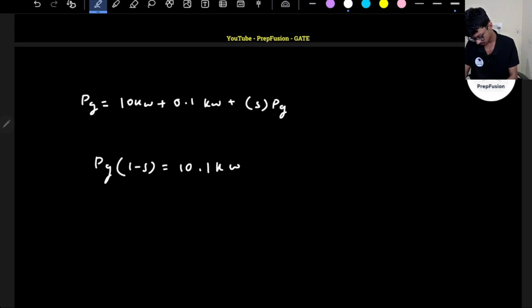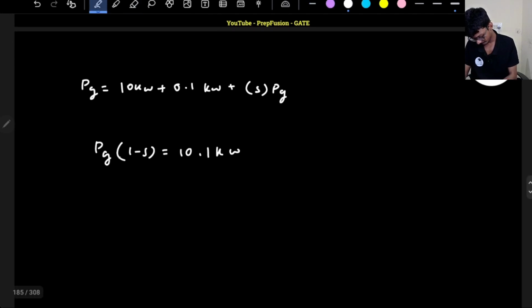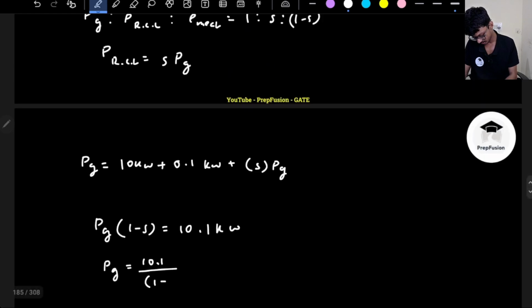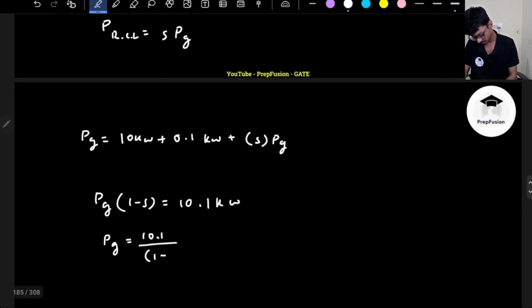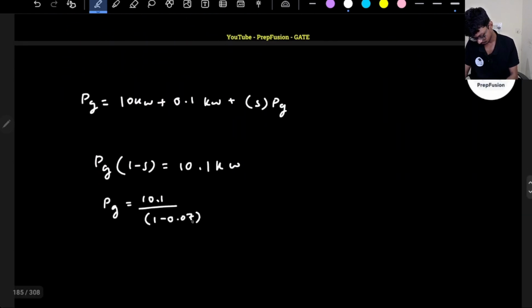So basically Pg into (1 minus S) is equal to 10.1 kilowatt. Okay, so Pg is equal to 10.1 divided by (1 minus S). S is 0.07. So this will be 10.1 divided by (1 minus 0.07), which comes out to be 10.86 kilowatts.